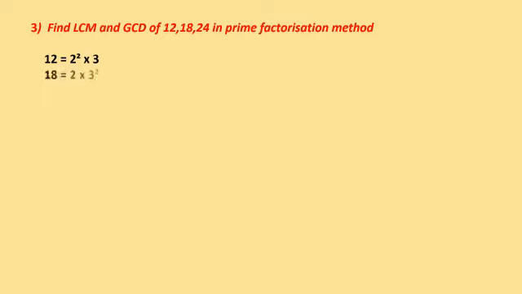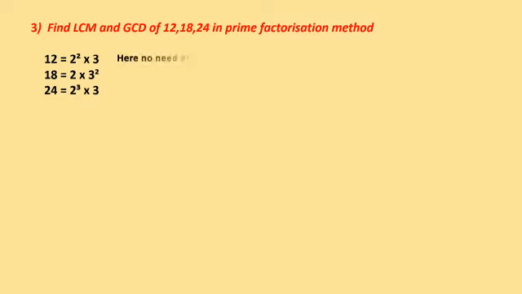Next, coming to the third one, find LCM and GCD of 12, 18, 24 in this prime factorization method. So first, 12 can be factorized as 2 square and 3, 18 is factorized as 2 into 3 square, and 24 is factorized as 2 cube into 3.